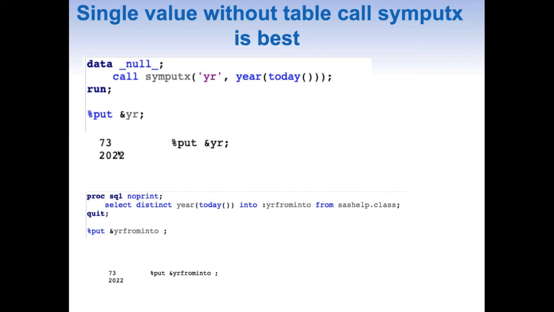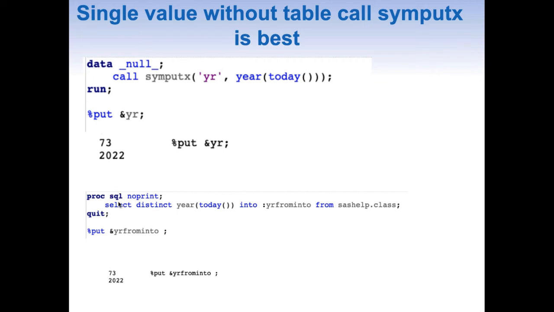Now, before going into the PROC SQL INTO clause, I would like to say one more word. The second argument need not be just a string, number, or a variable. It could be any SAS expression which resolves into a result, and this result can be picked up by the macro variable.